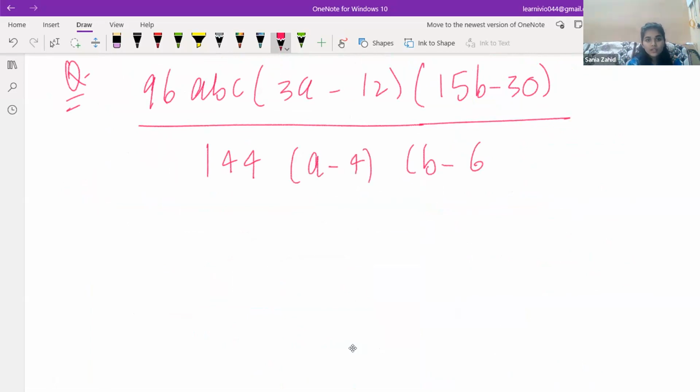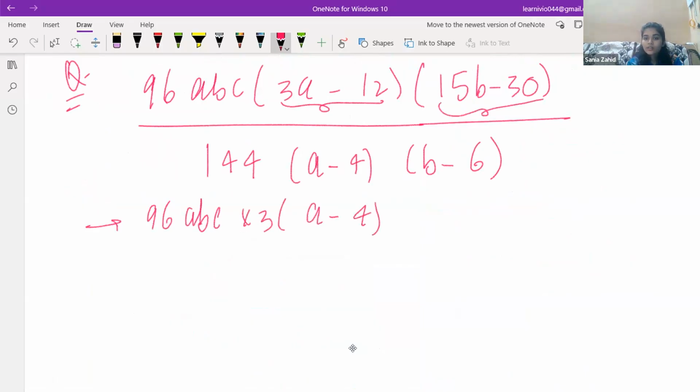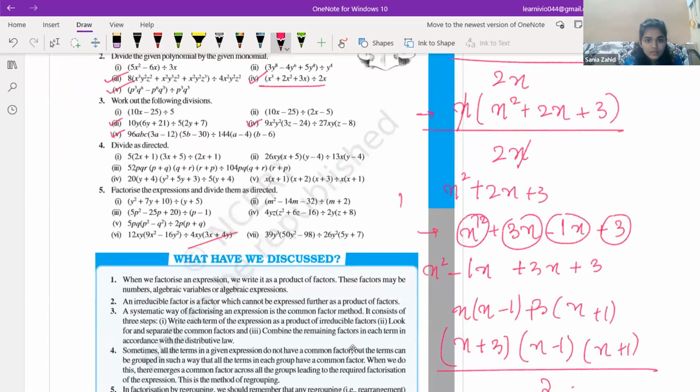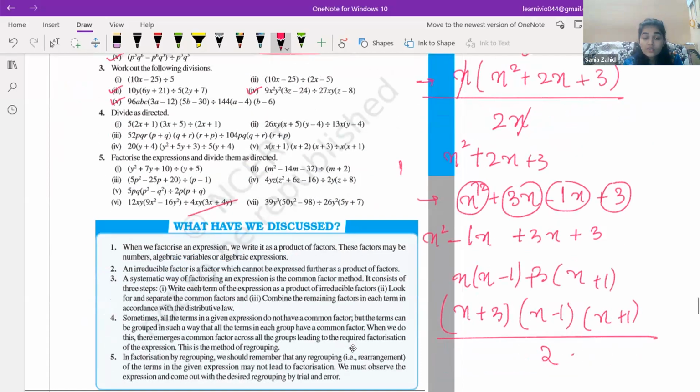Okay. So what I can do is basically first I can take 3 common from this bracket. I'm left with a minus 4. I can take 5 common from this bracket. That's 5, right? Not 15. Okay, it's 5.